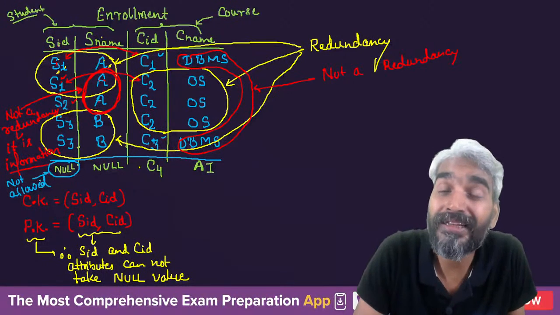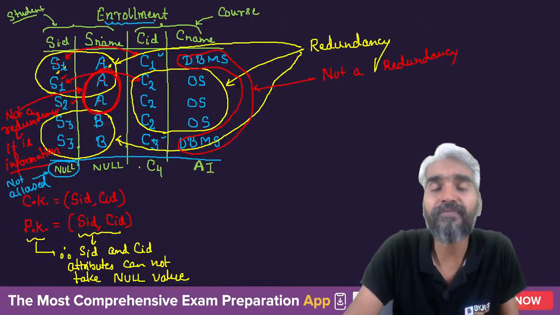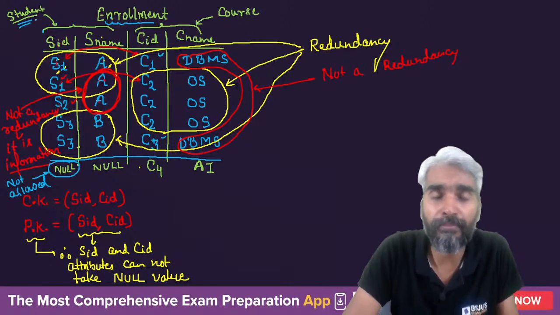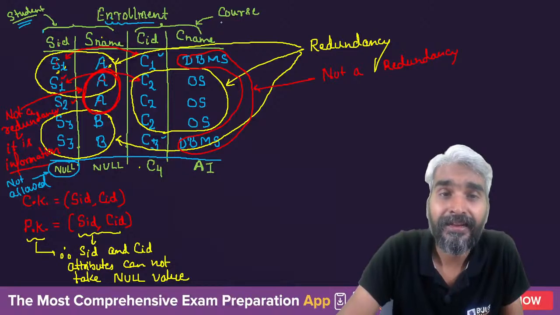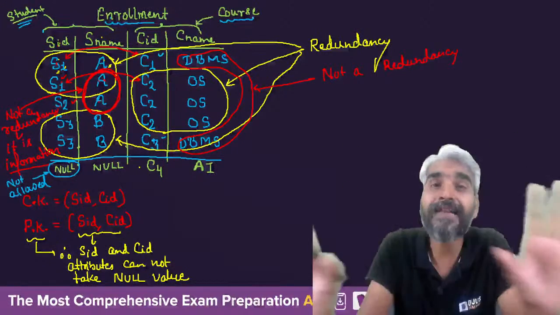So, you just need to understand one thing. In this table enrollment, there are two different pieces of information. One is the information of a student, and another is the information of a course. These two things are independent.